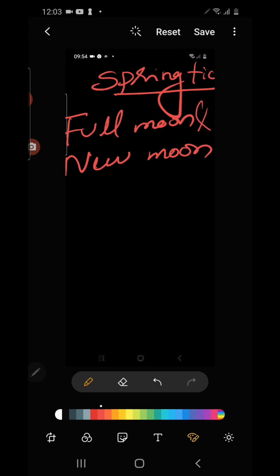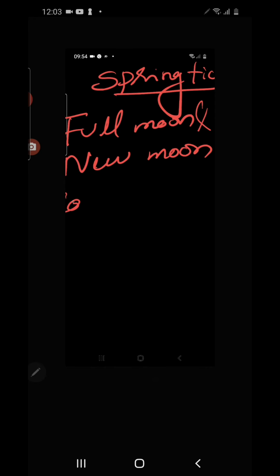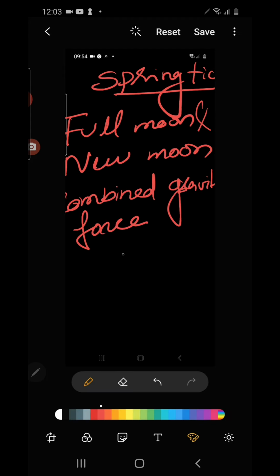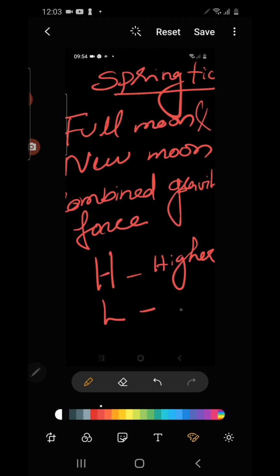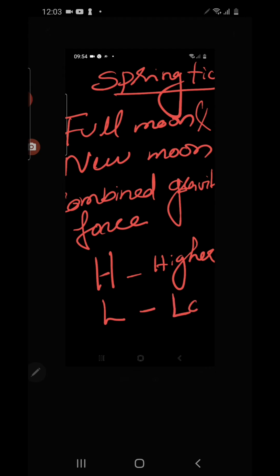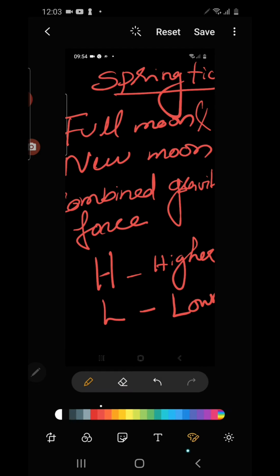When the sun, moon and the earth are in a straight line, sun and moon exert a combined gravitational force on the earth, so that high tide will be higher and low tide will be lower. Understood? This phenomenon is called spring tide. Now let's see what is neap tide.